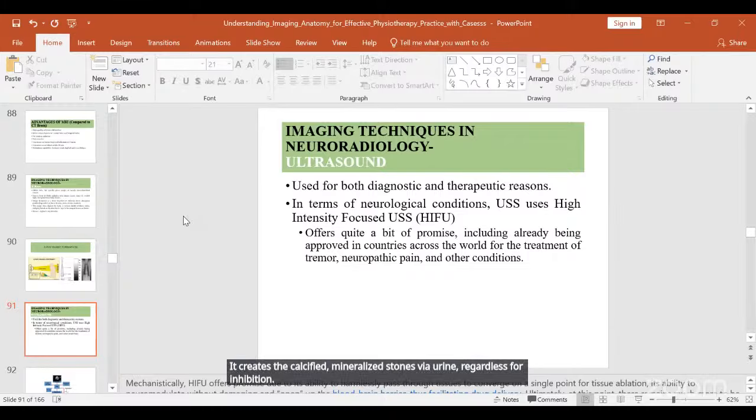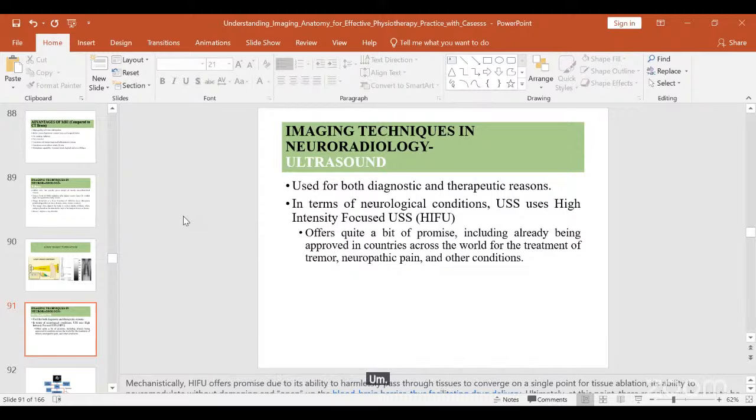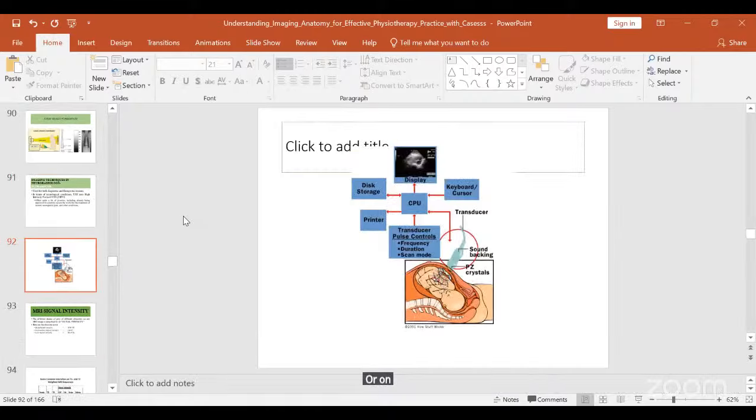So it's quite promising already, and it does not use ionizing radiation. So it's friendly to use.